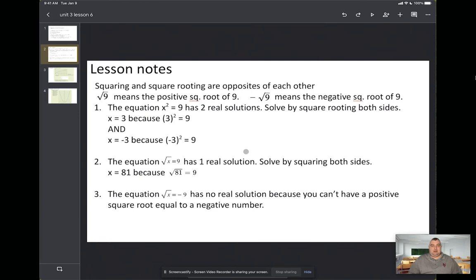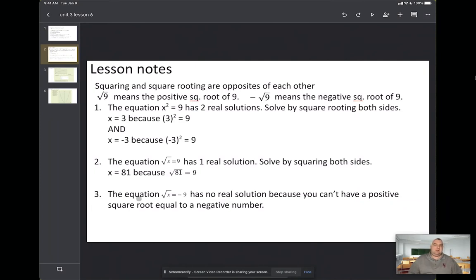Squaring is the opposite of square rooting. So in this case, x would be equal to 81 because the positive square root of 81 is equal to 9. So again, when you're presented with a square root, if there's no sign in front of it, you assume they mean the positive square root.